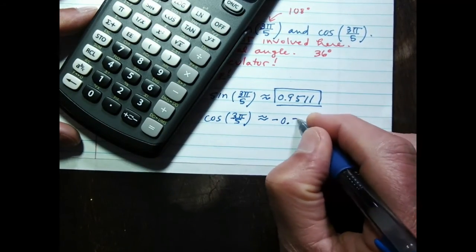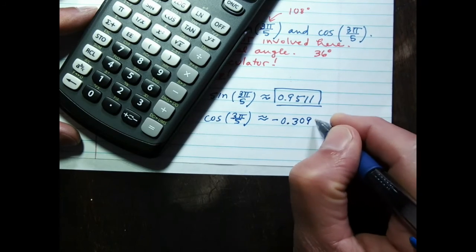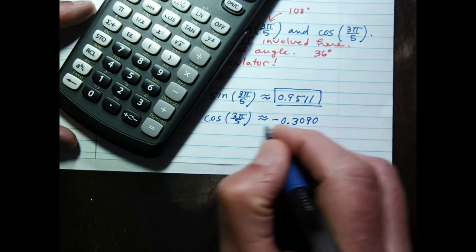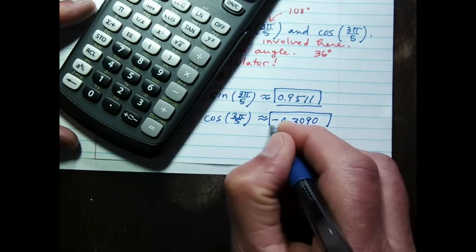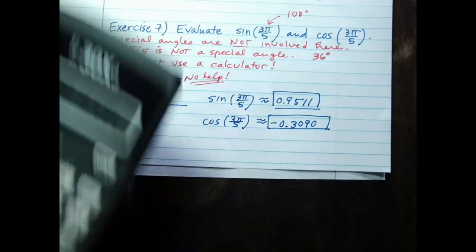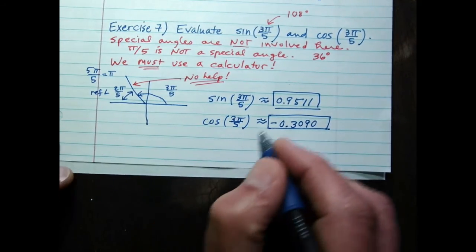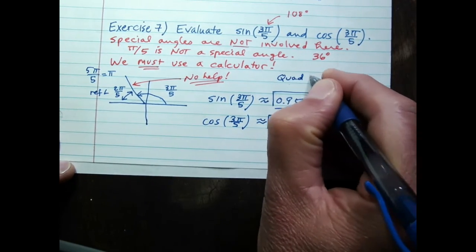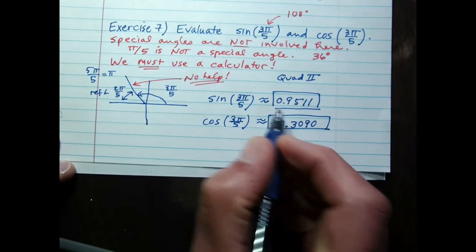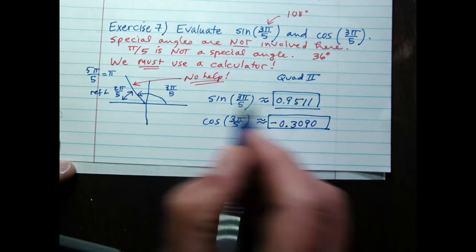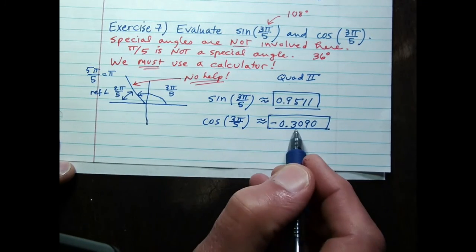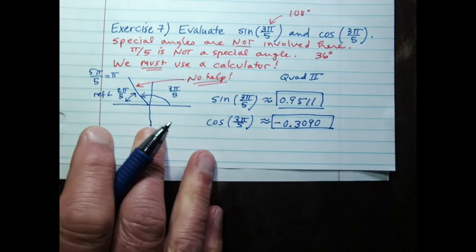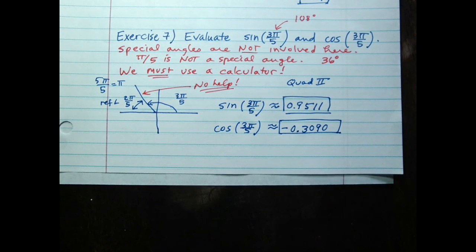Negative 0.3090. And sure enough, we know we're in quadrant 2, so we expected to get a positive sine value, because y's are positive there, and a negative cosine value, and we did. And that's that for this portion.